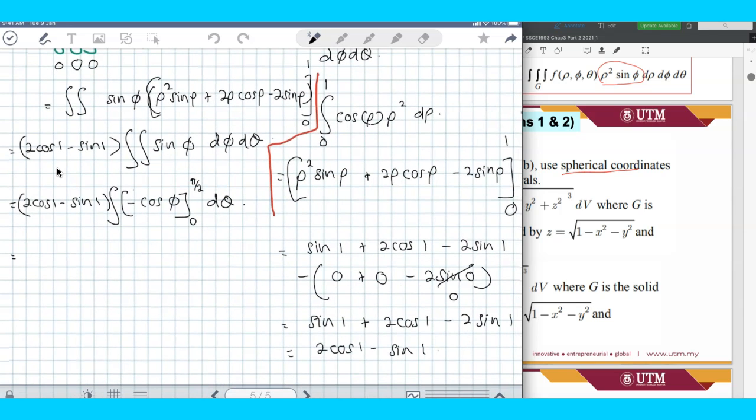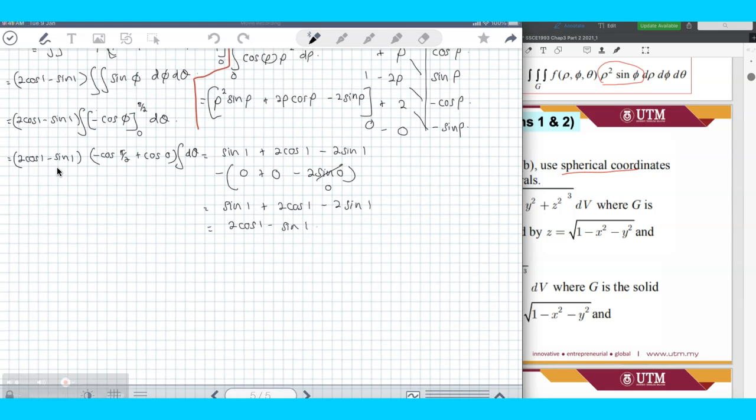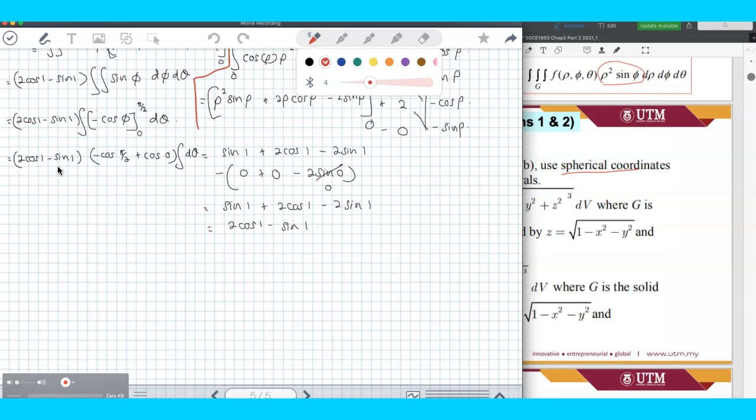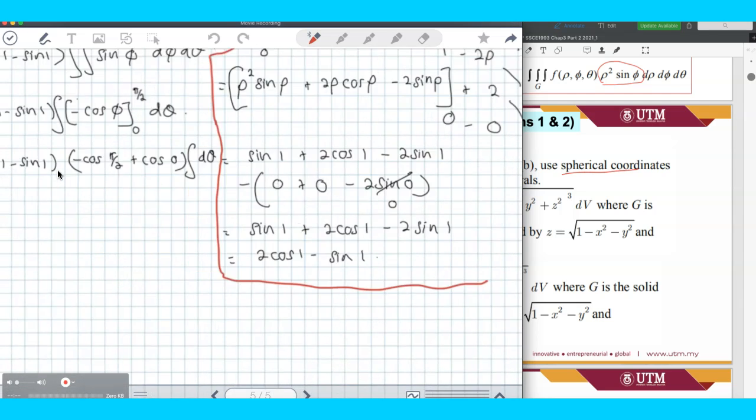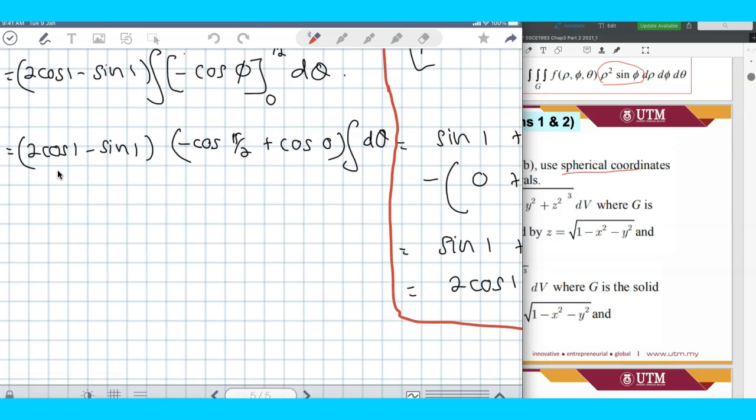Okay, so 2 cos 1 minus sine 1, and then negative cos pi over 2 plus cos 0, and then d theta. Now we have to evaluate cos 0.